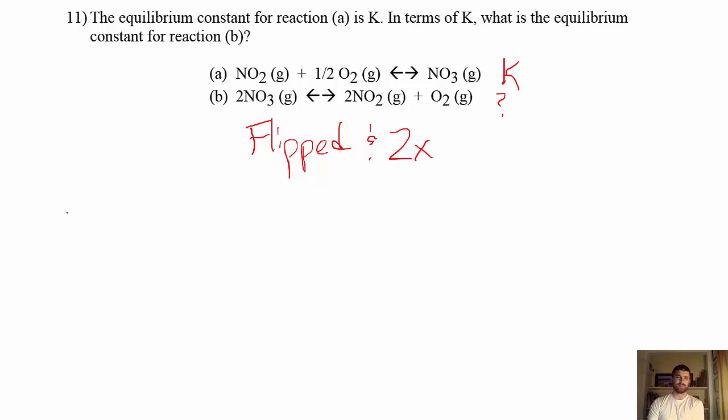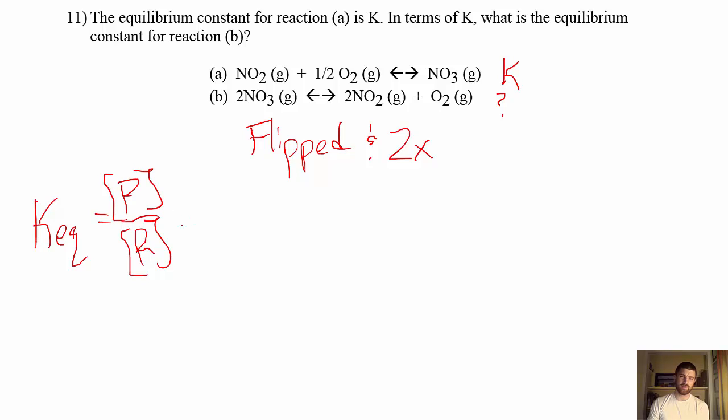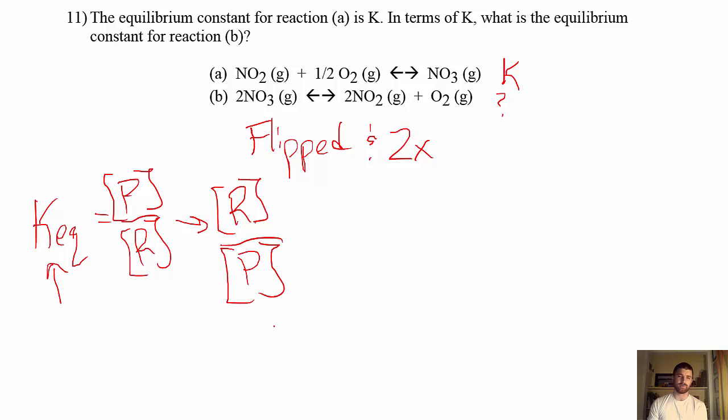All right, well, let's think about this. If I had KEQ, and it's supposed to be products over reactants. All right, well, if I did the reverse reaction, it would be reactants over the products, which, what does that do for our KEQ?